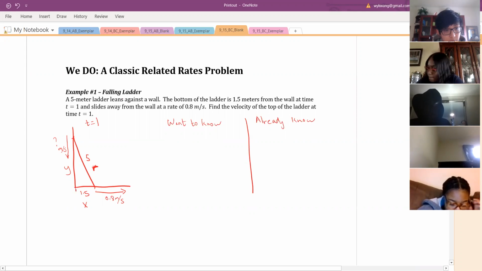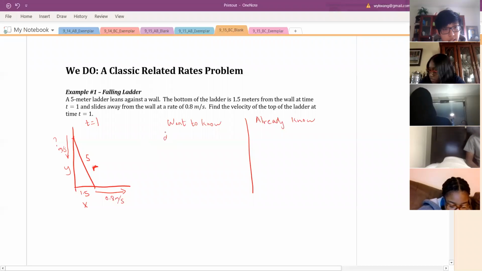X is the distance from the wall to the bottom of the ladder, right? So for y, our rate is going to be dy over dt, right? Because this is the rate that y changes with respect to time. So this is the rate that we want to know, dy over dt.